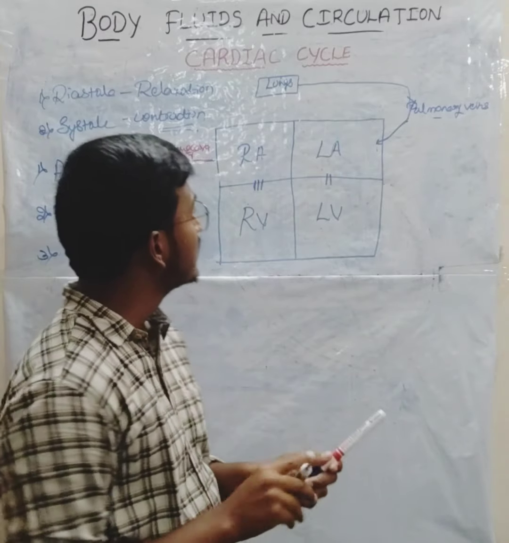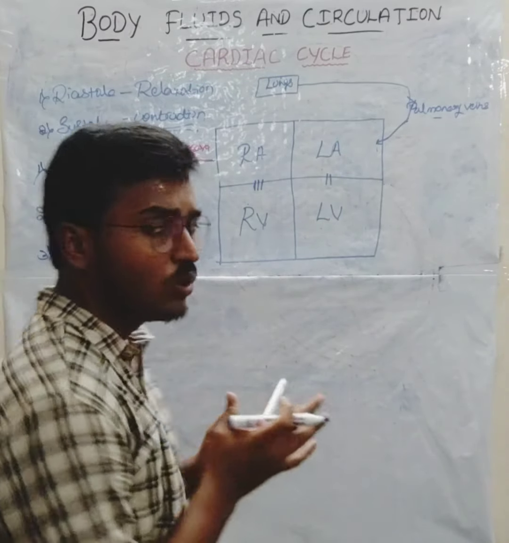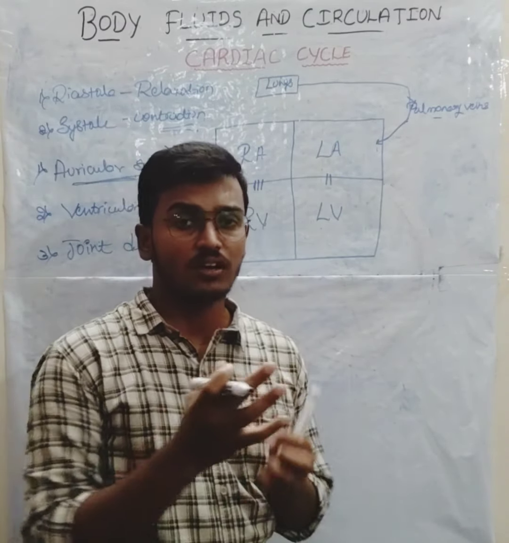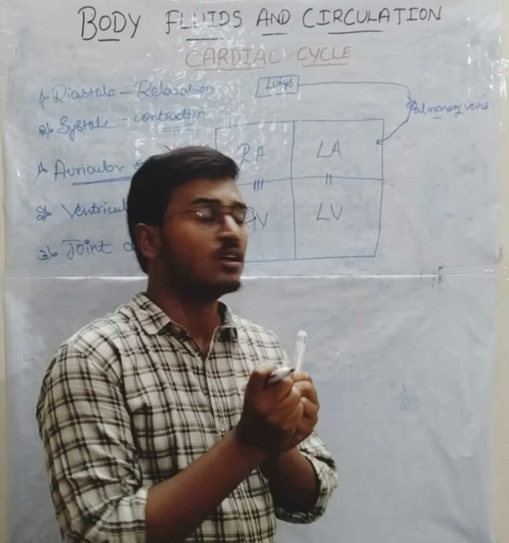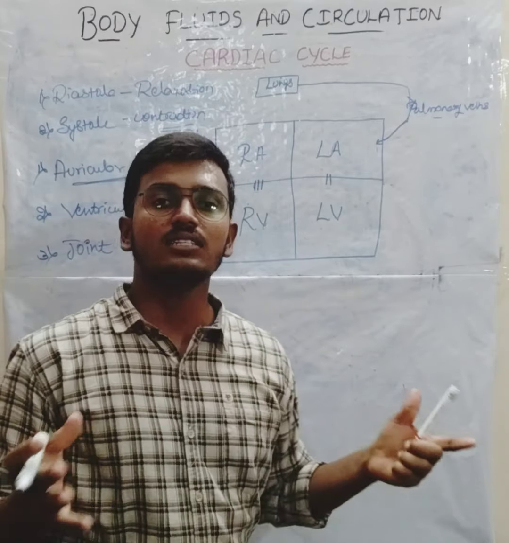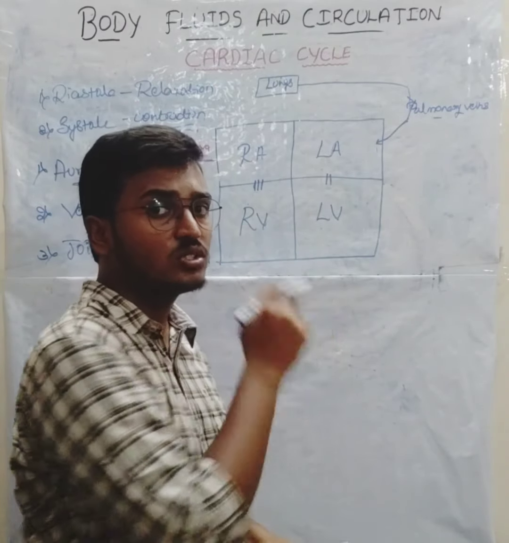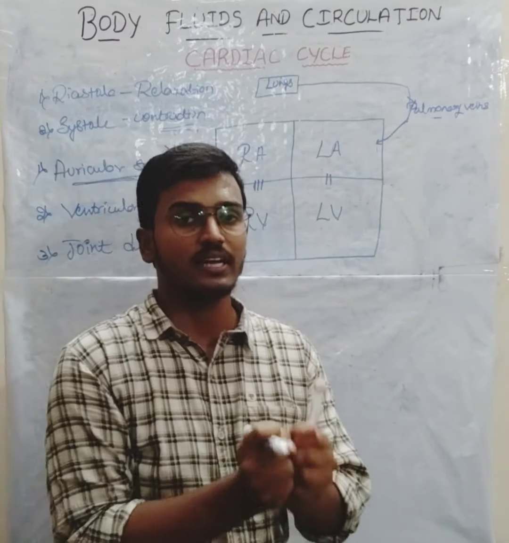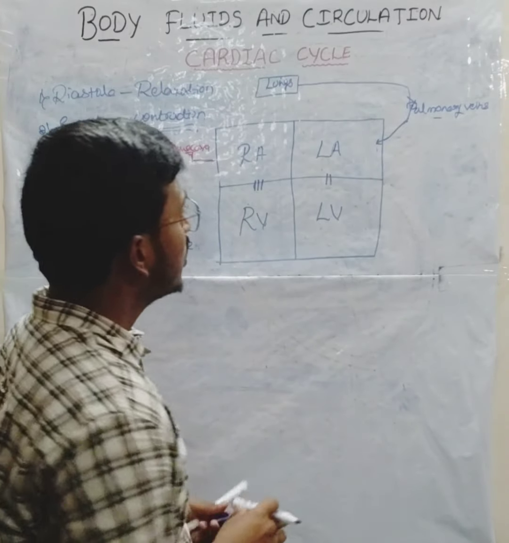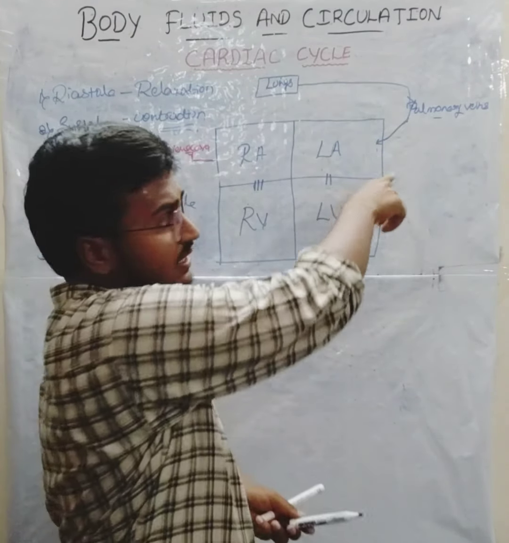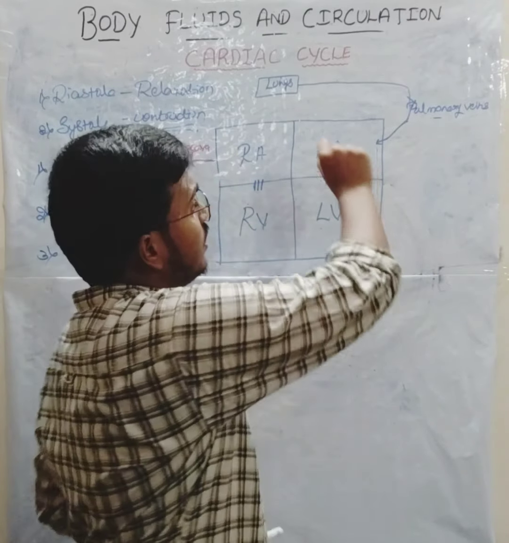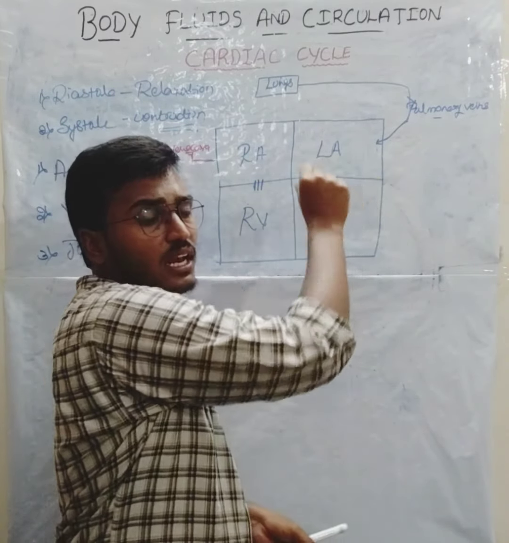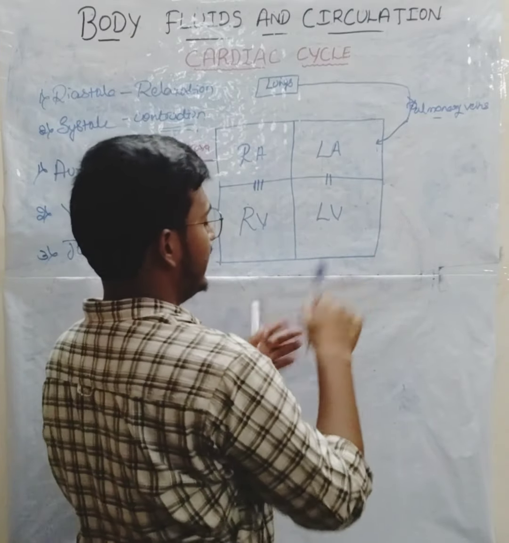Coming back, the blood is in the auricles. Now the auricles are in the stage of contracting. When the auricles are in contraction, the ventricles are in a relaxed position. This is the auricular systole stage. The blood coming from the pulmonary veins to the left auricle is oxygenated blood.